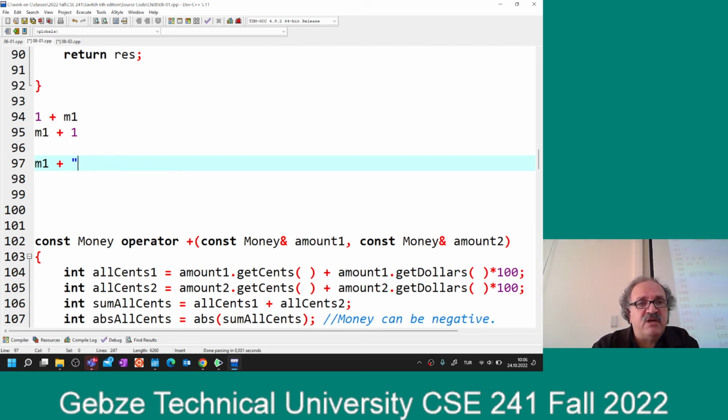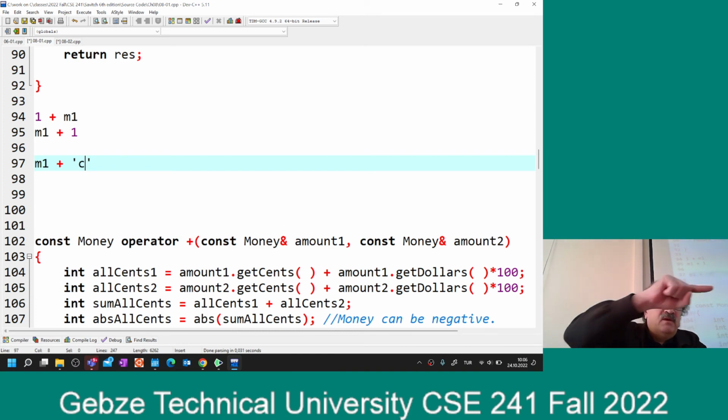But if it is a character like this, so you are saying, can I make a money object out of a character? Okay. No. Maybe I can convert this character to an integer, then from integer to a money. Well, I can do that, but the rule is not. No. The rule is you only convert one type to another, only once.